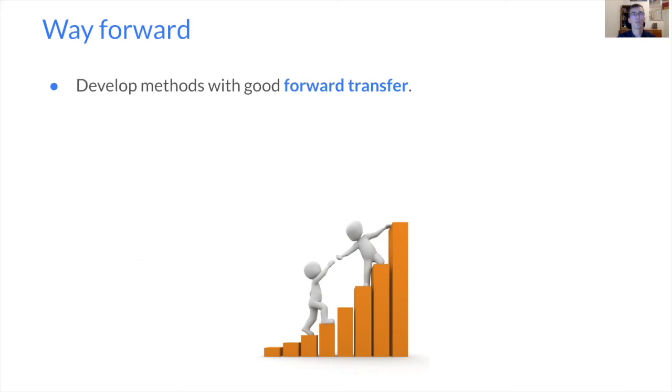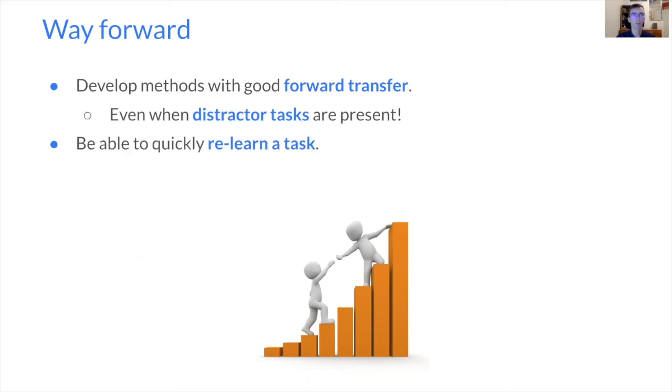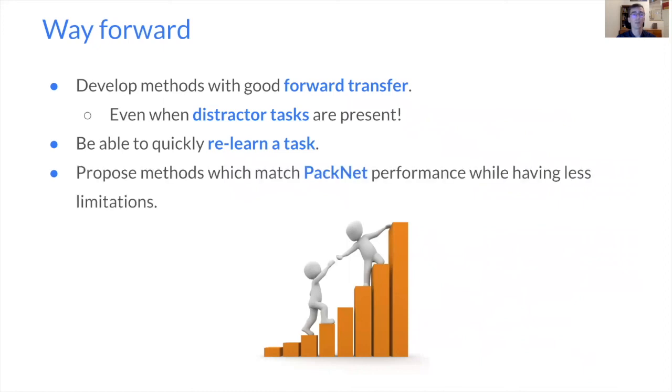So one of them is developing methods with good forward transfer, especially when the destructor tasks are present. Also, an important point would be to be able to quickly relearn a task. And another thing would be to propose methods which match PackNet performance, but have fewer limitations.